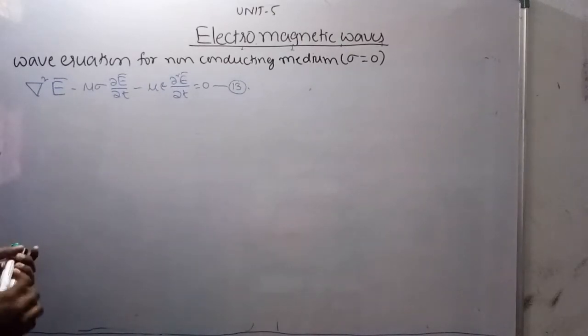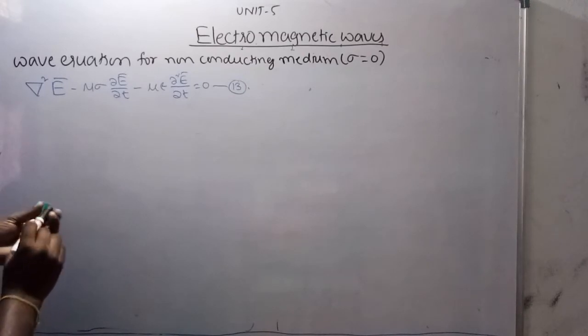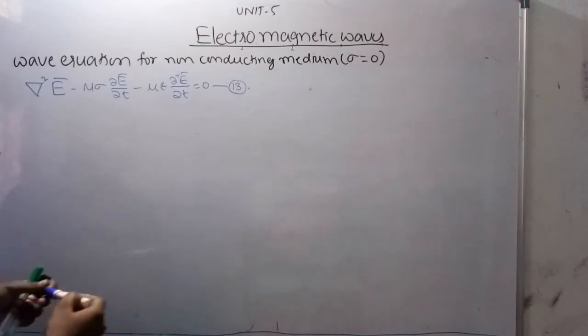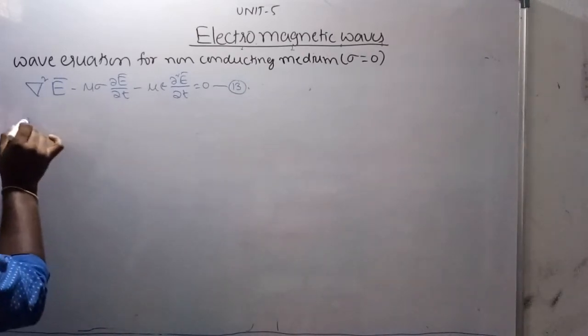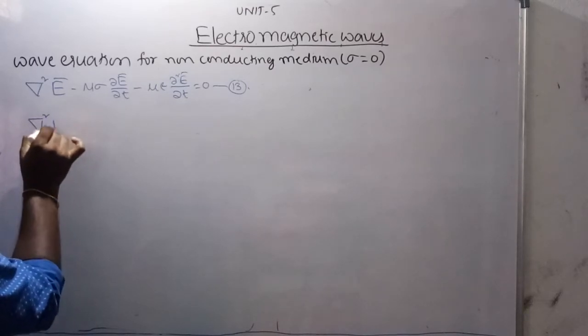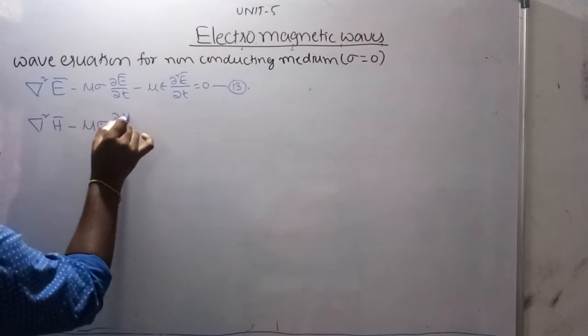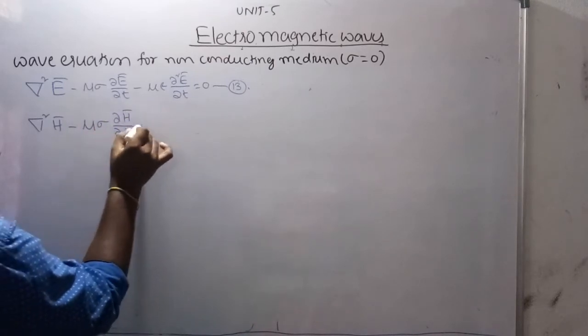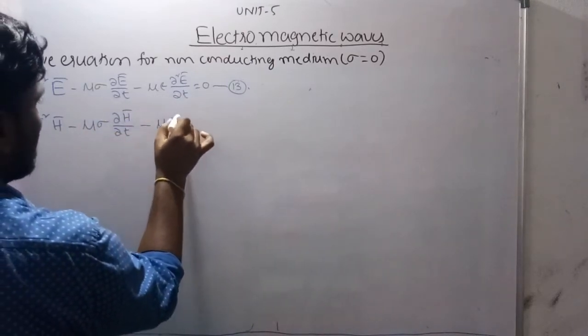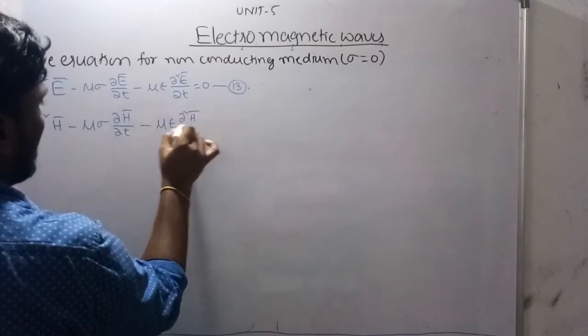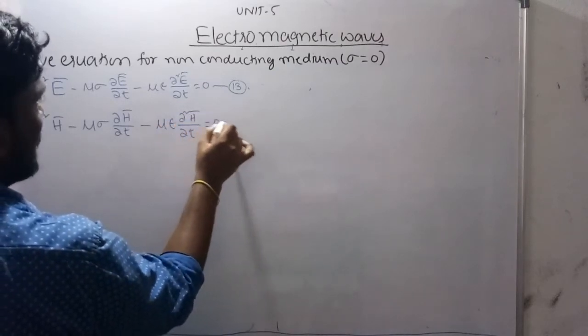Okay, now we have equation 12 from the earlier explanation. What is equation 12? That is del cross h bar minus mu times sigma dou h bar by dou t minus mu times epsilon dou square h bar by dou t square equals 0. It is equation 12.